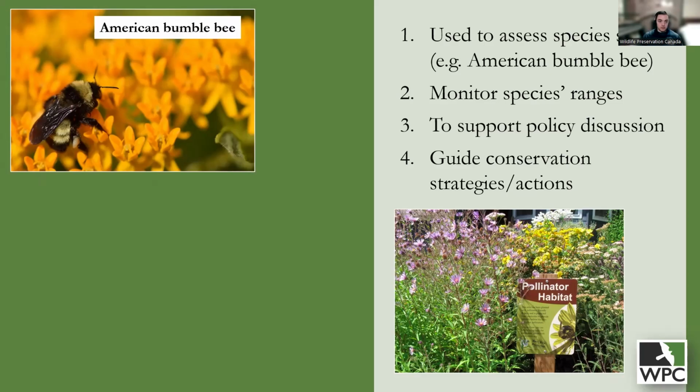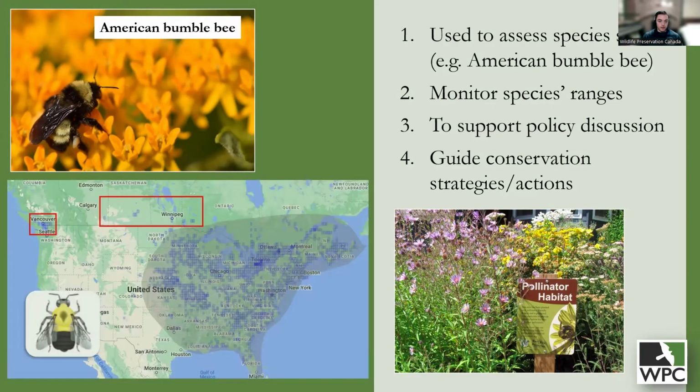You can also monitor species ranges and support policy discussions. I'm going to use another example of this. This is a really cool example. So this map here in the bottom left, this is on Bumblebee Watch. This is a map of all of the different records of the common eastern bumblebee on Bumblebee Watch.